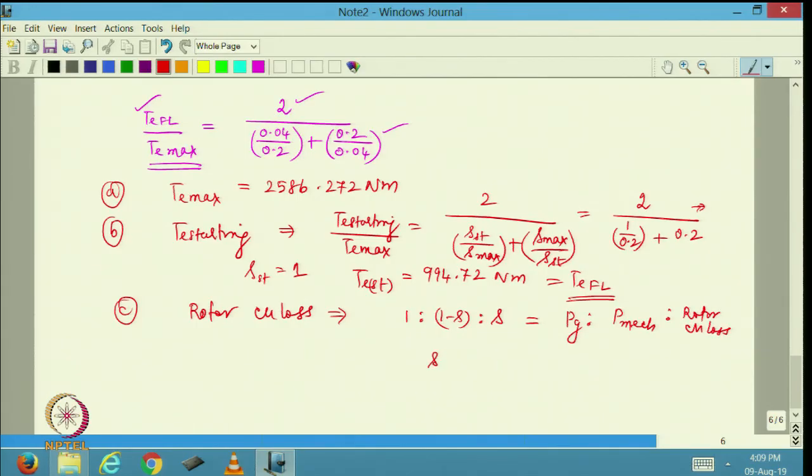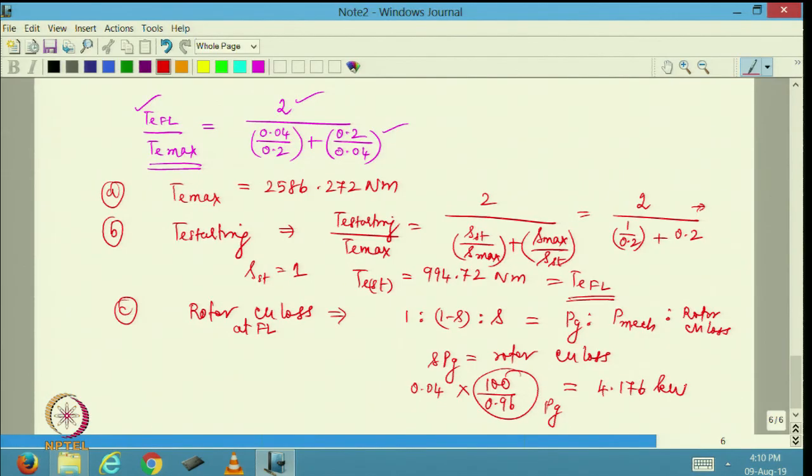So, I can say S times PG is rotor copper loss, right, at full load. This is what is being asked. So, this is 0.04 and 100 is the mechanical output, so divided by 0.96, right. This is going to be my PG value. So, this will give me the rotor copper loss. This comes out to be 4.176 kilowatt.